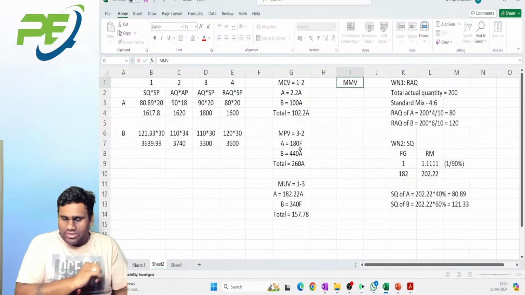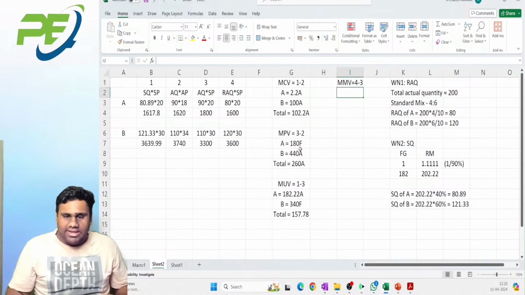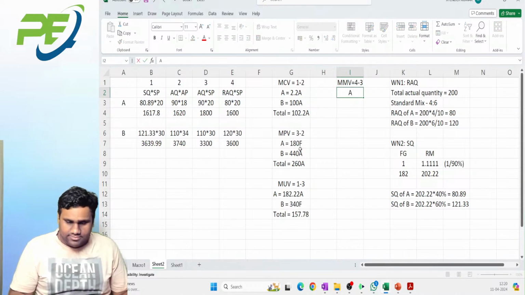Now the mix variance, 4 minus 3. Material mix variance is 4 minus 3.